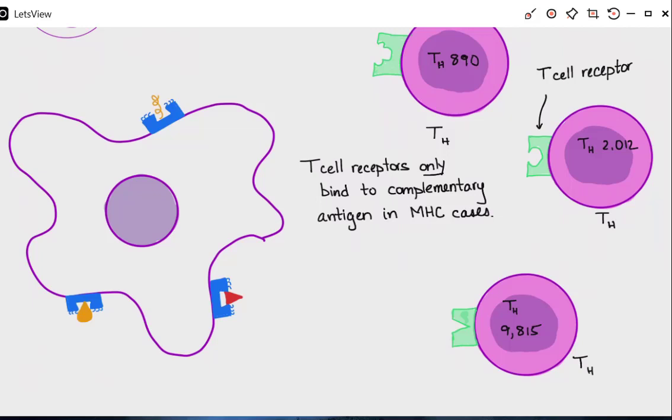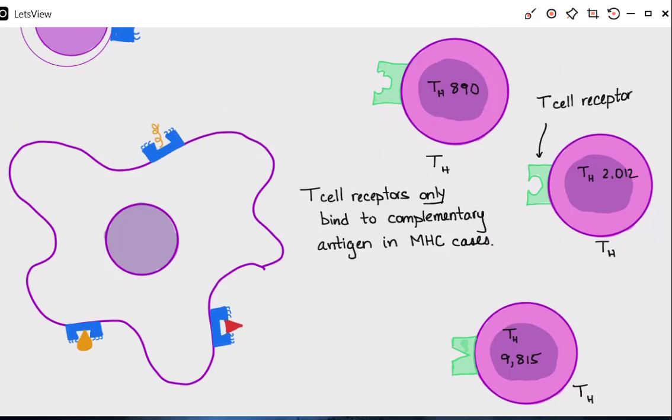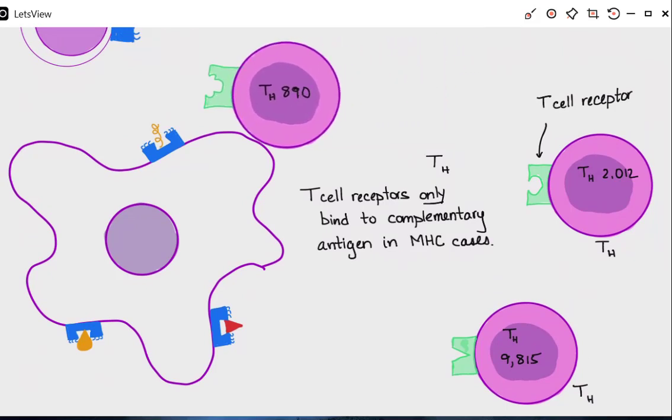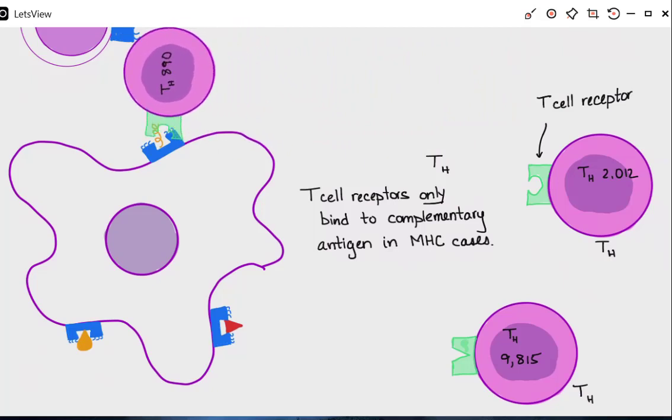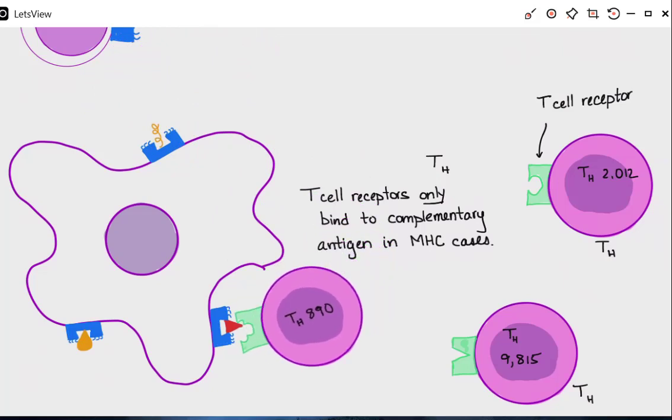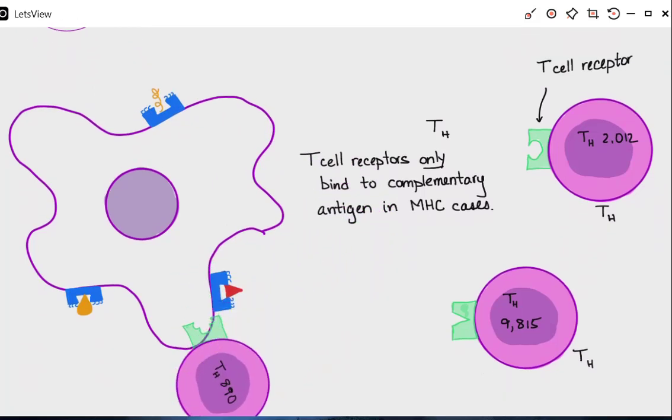An antigen-presenting macrophage walks into a lymph node and calls over all of the helper T cells, and there might be a couple hundred in there. And it says, hey, let's play touchy-feely. That's their version of show and tell. And they basically say, let's see if we can try you out. Do you fit? No, you don't fit there. Do you fit here? No, you don't fit there either.